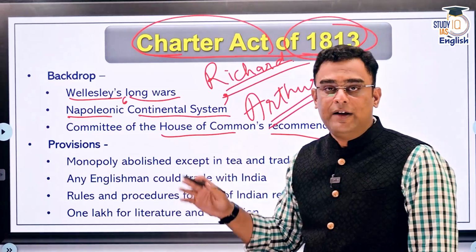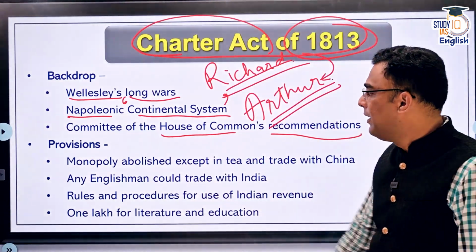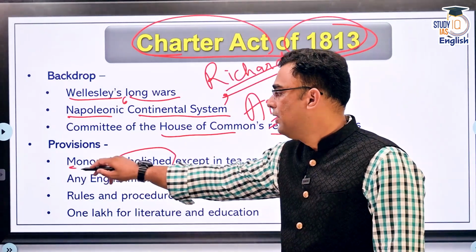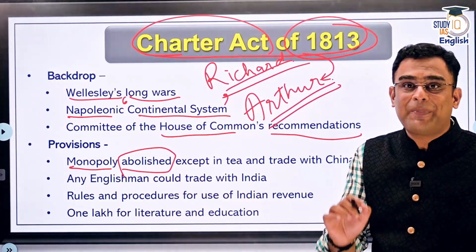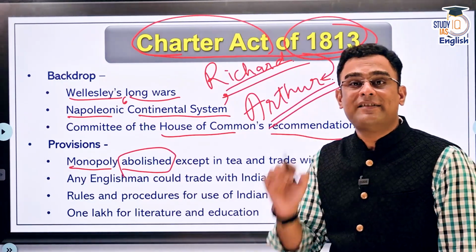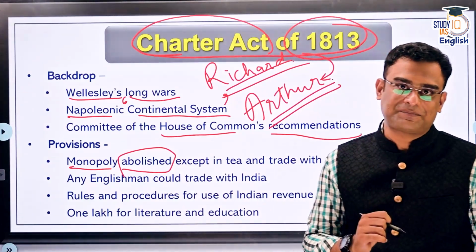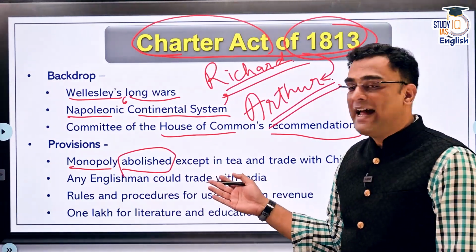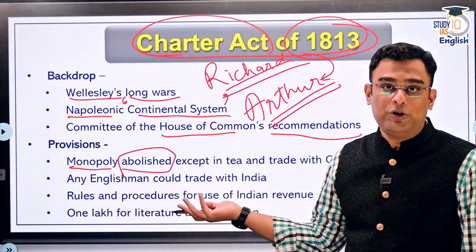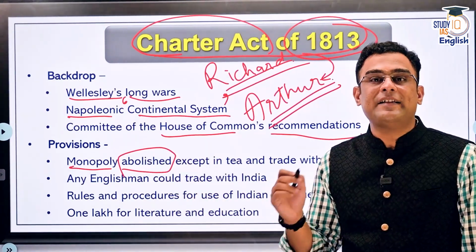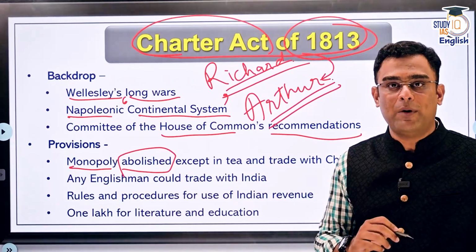Charter Act 1813 abolished the monopoly of the East India Company. I hope you remember, monopoly is a concept very crucial to the idea of mercantilism. By the time the 19th century comes about, Adam Smith and his ideas have become immensely popular.